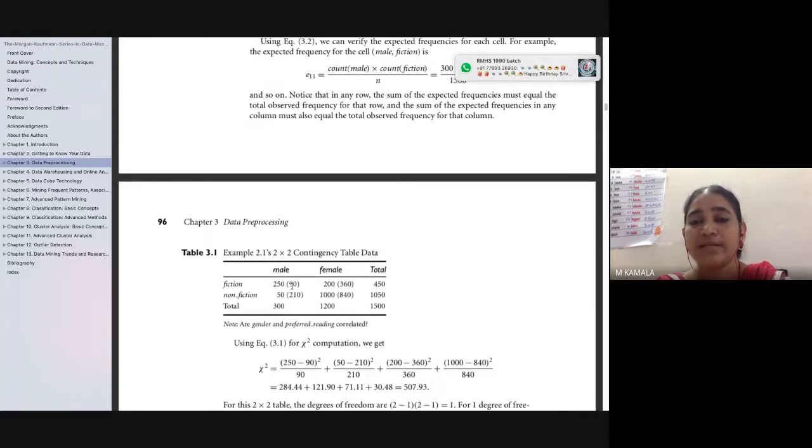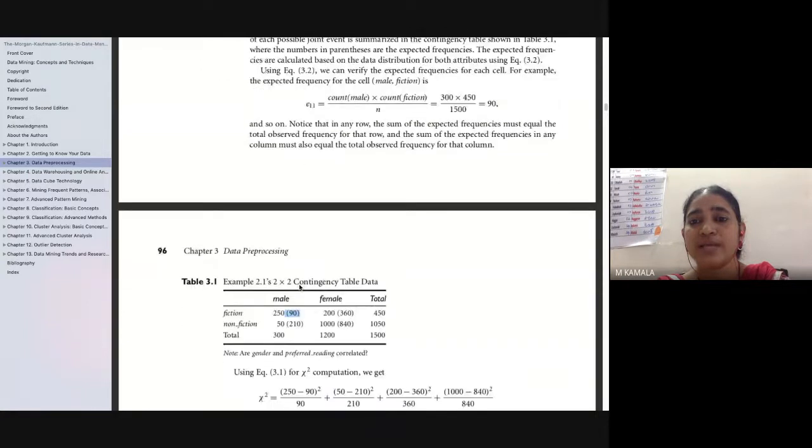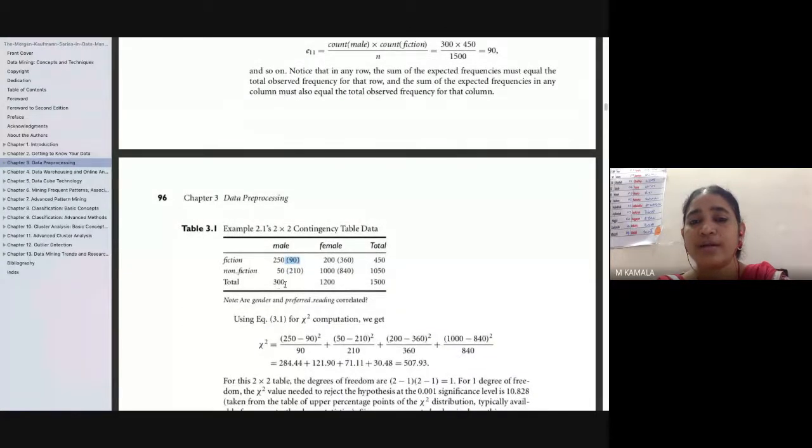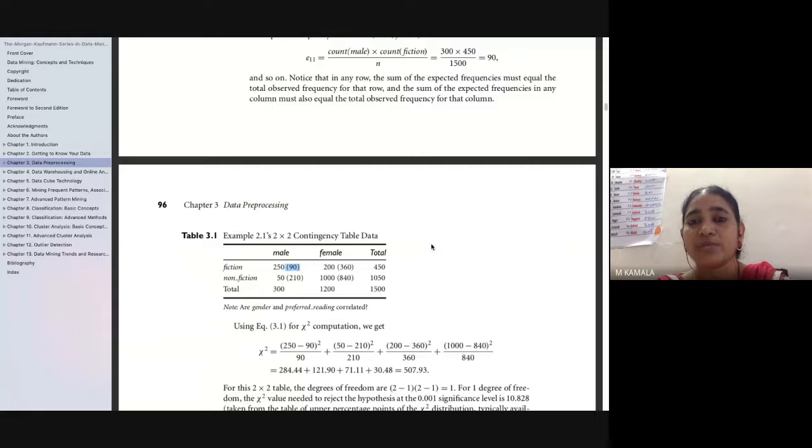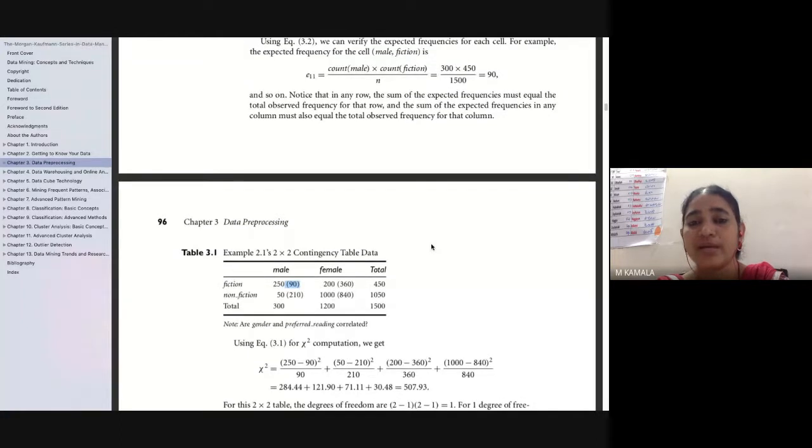And the values beside them, like 90, are my expected values, expected frequencies. Based on the fiction and male, you can calculate what your observed values are, and you have to calculate the expected values.